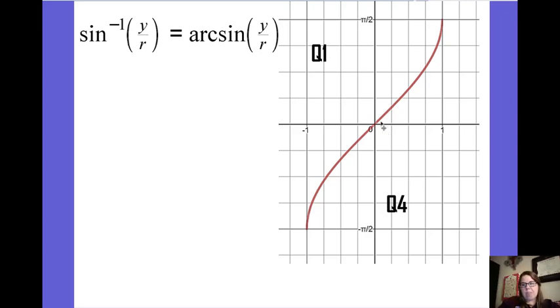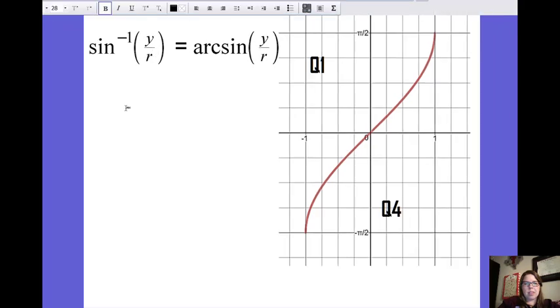So what you notice is this point here is 1, pi over 2, and this one is negative 1, negative pi over 2. Super janky way to write that, but that's okay.